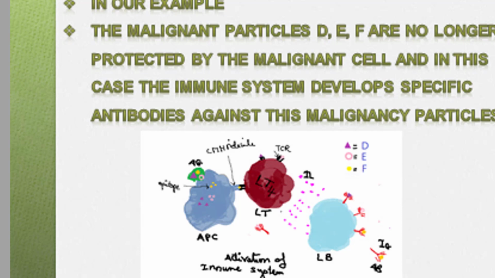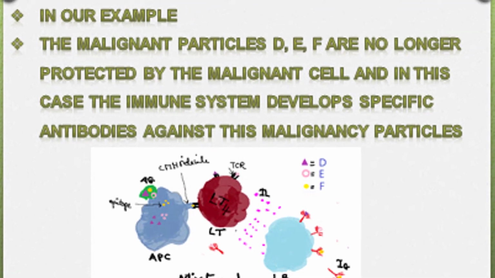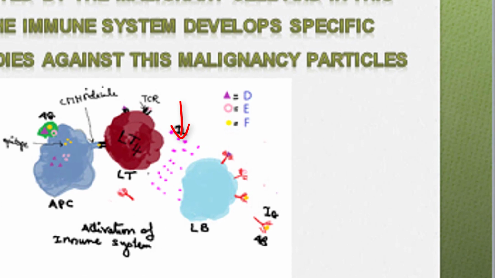Then the fragment is degraded into small epitope peptides and loaded onto the MHC molecules. The APC presents MHC molecules loaded with epitope to the T lymphocyte, which induces an immune reaction, a cytotoxic reaction, and activation of the B lymphocyte for the production of specific antibodies.